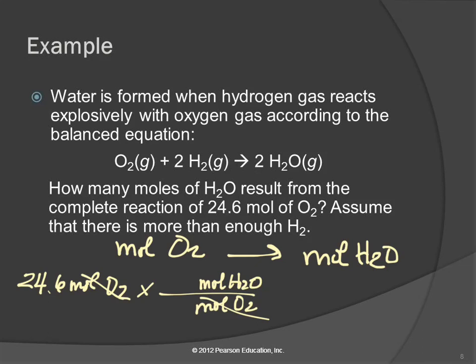I don't have to go look up anything. I just look in my balanced chemical equation. There's a 2 in front of water, so I put a 2 in front of water. There's an unwritten 1 in front of the oxygen, so I'm going to put a 1 in front of the oxygen. And what does that end up being? 29.2? No, 15. I'll just do it on my calculator because obviously my brain is on the fritz. 49.2. And the unit that's left is moles of water.